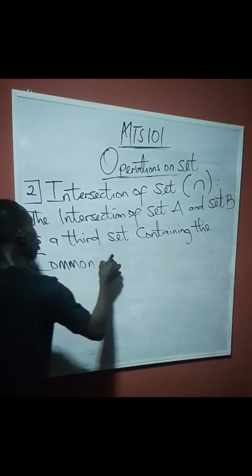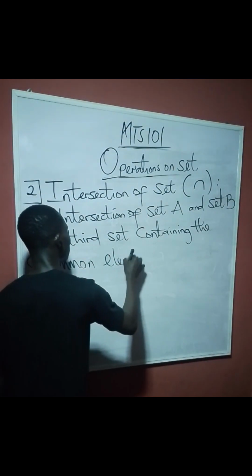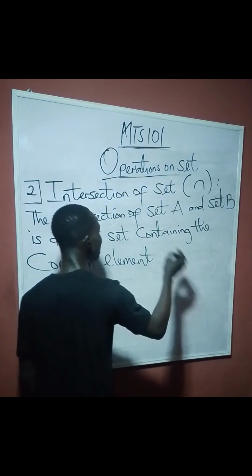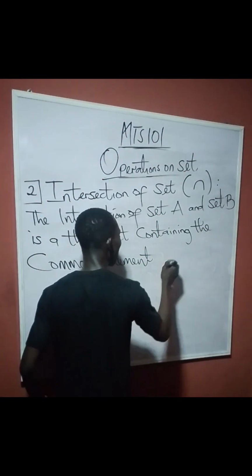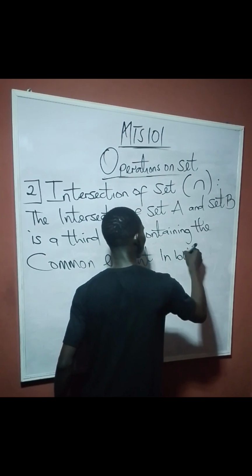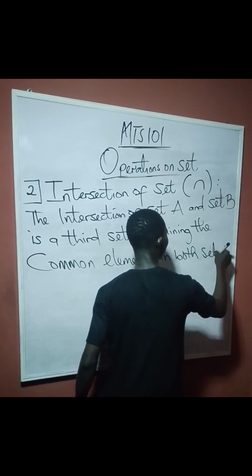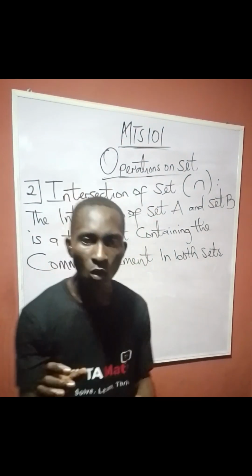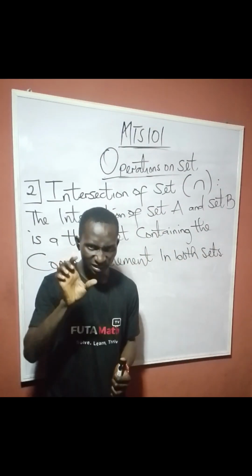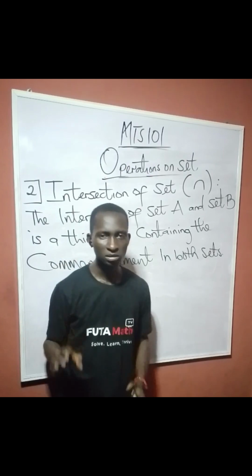It contains what? Only the common elements in both sets. What do I mean? Intersection means the common elements in the sets, you bring them out.